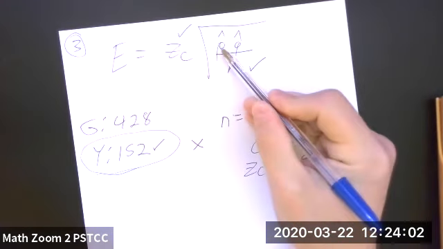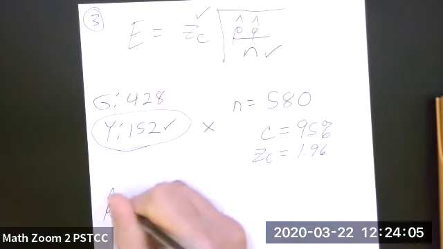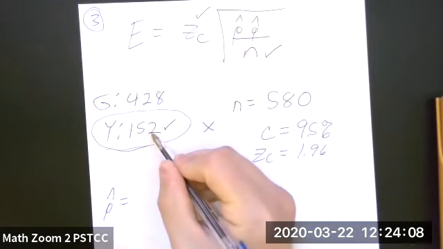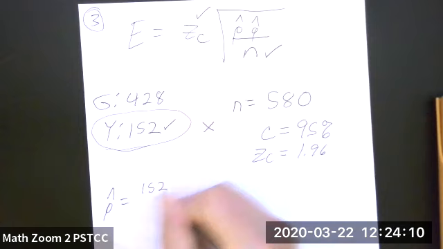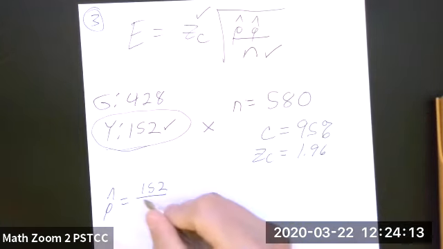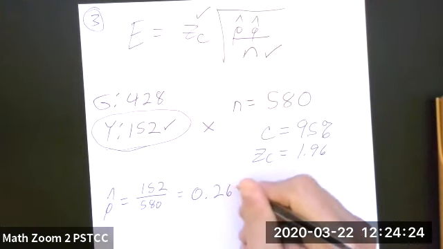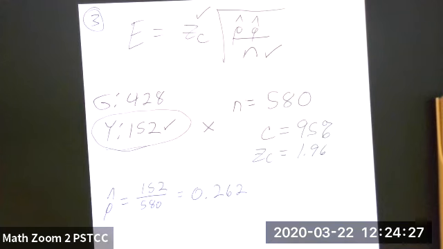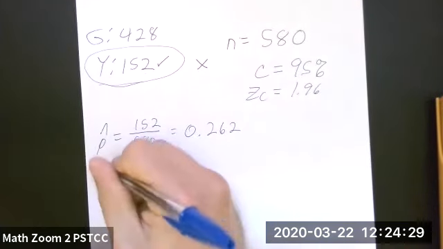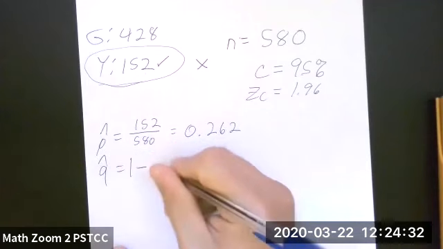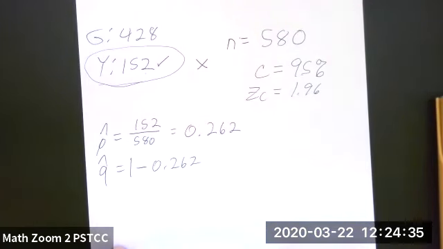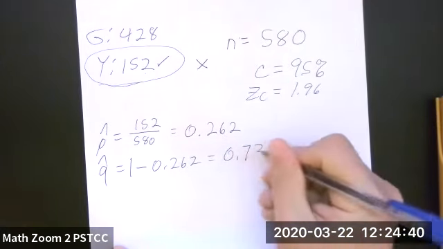Let's calculate p hat. The number of yellows is the number of successes, which is 152, over the total 580. That's 0.262. Q hat is 1 minus p hat, which is 0.738.